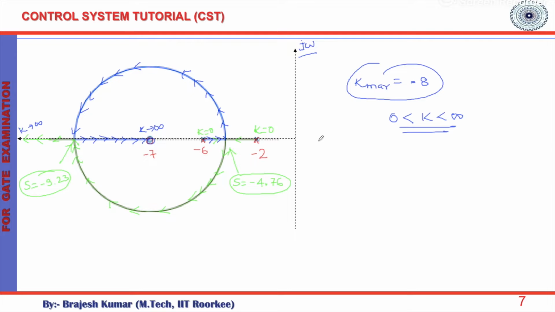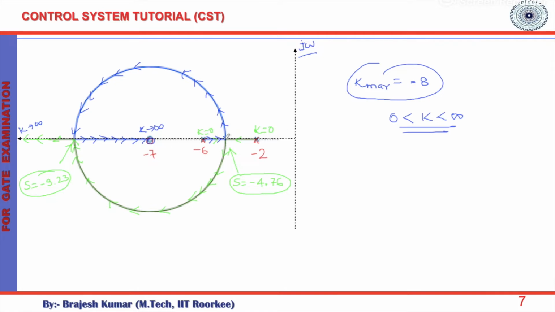Whenever you find the value of k marginal to be negative, you become 100% sure that this root locus, whatever the shape may be, will never intersect the j omega axis. And see, the final root locus justifies this point. Clear?